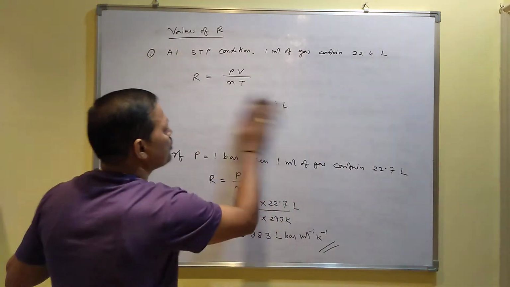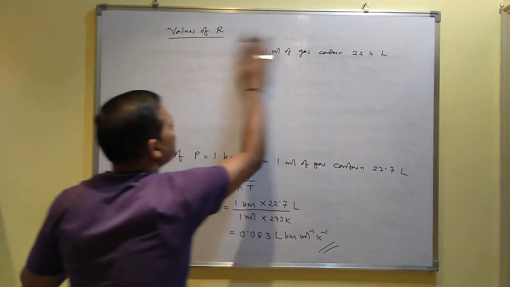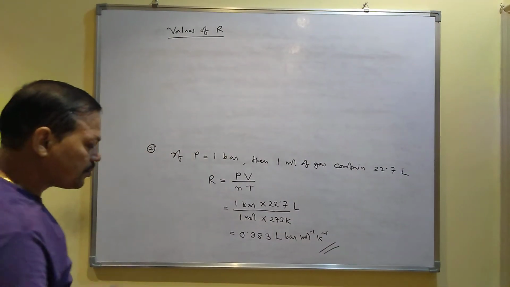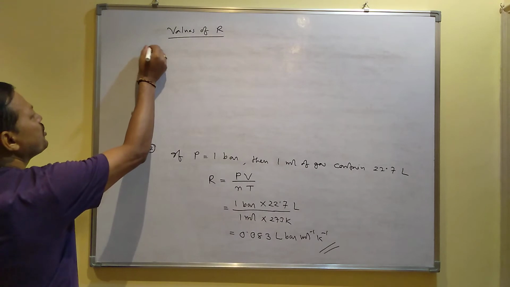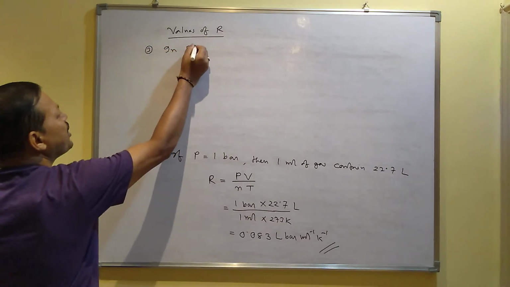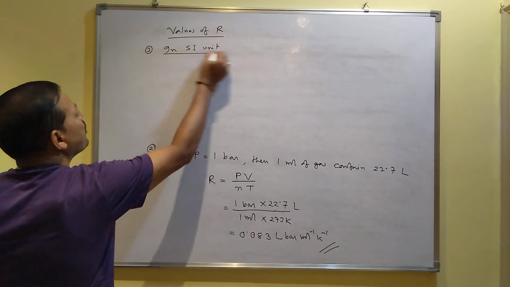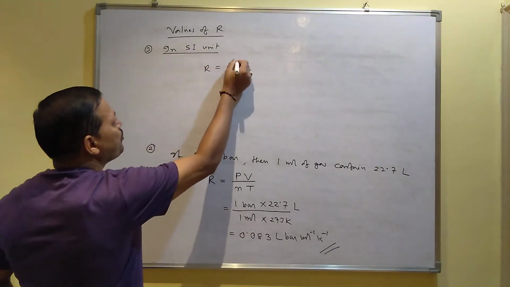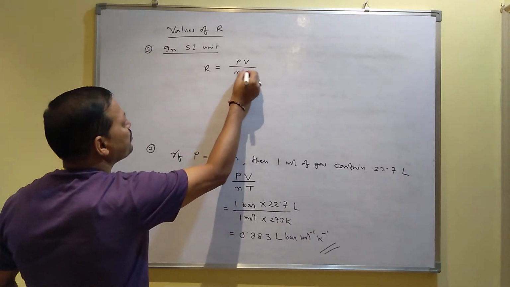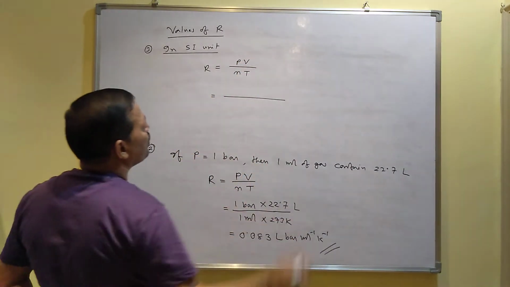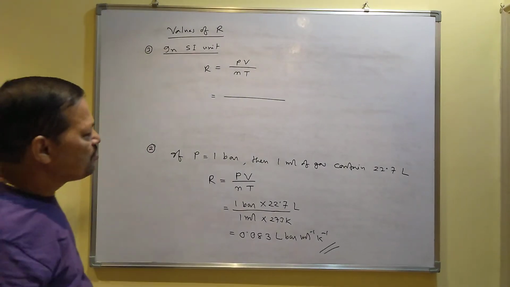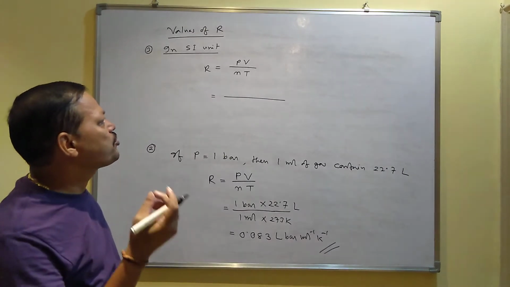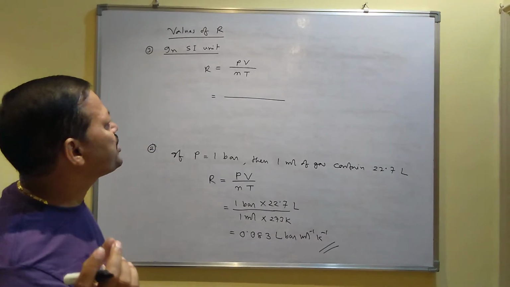Now I give you the SI unit value of R. That will be number 3, in SI unit, and this value is mostly used. As you know, R is equal to PV by nT. Pressure in CGS we consider as 1 atmosphere, and in terms of SI unit, the SI unit of pressure is Pascal.